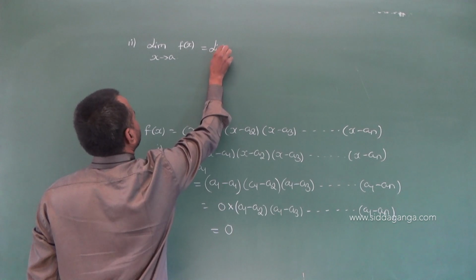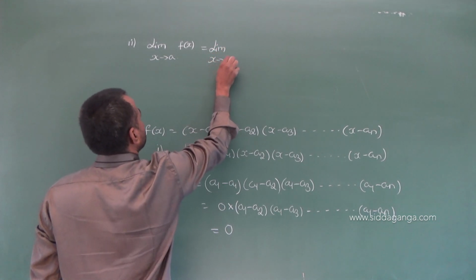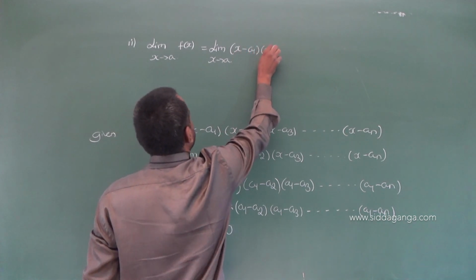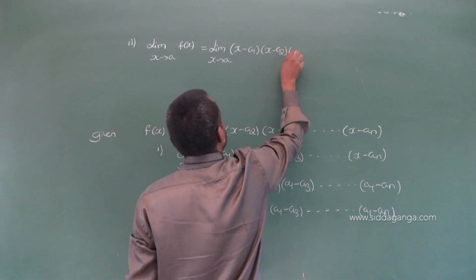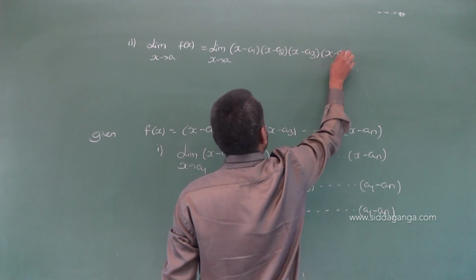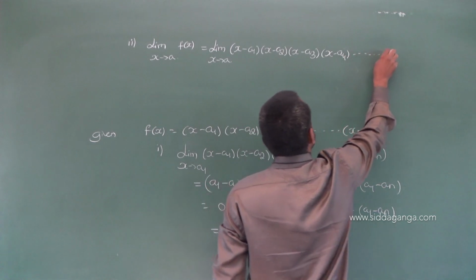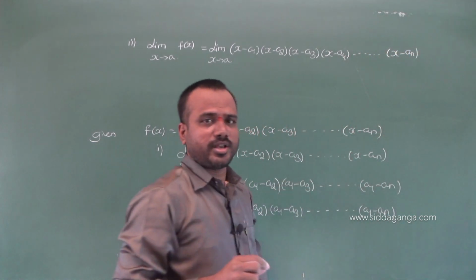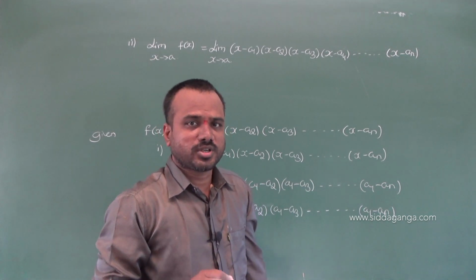Limit x tends to a of (x minus a1)(x minus a2)(x minus a3)(x minus a4)...(x minus an).